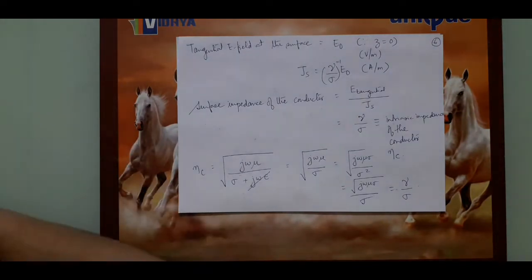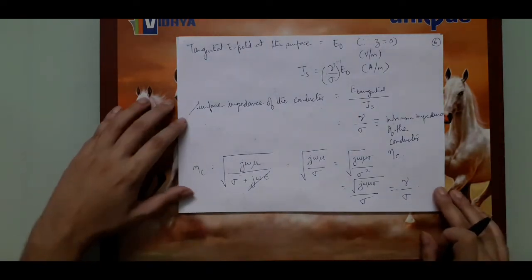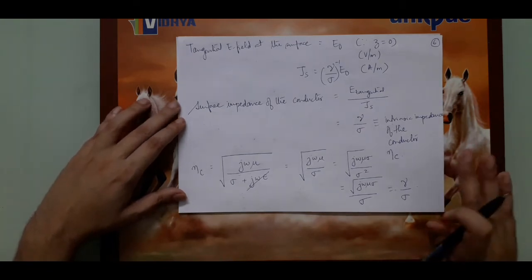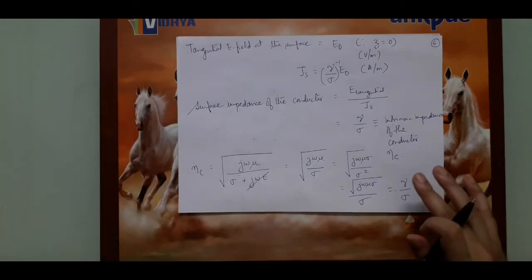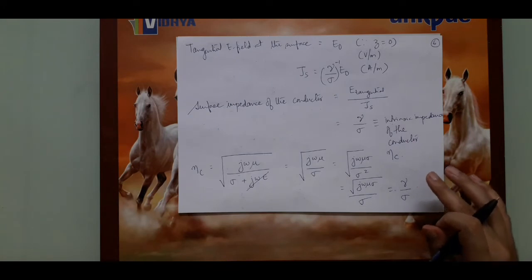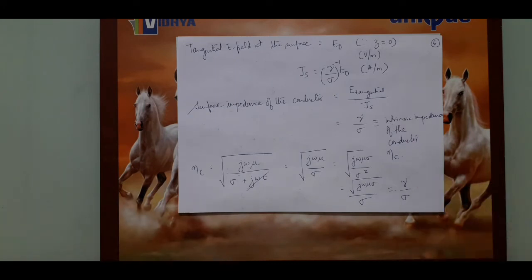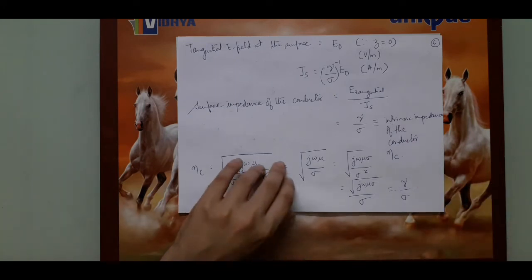So in general, this is a complex quantity, as is the case for any lossy transmission line also.